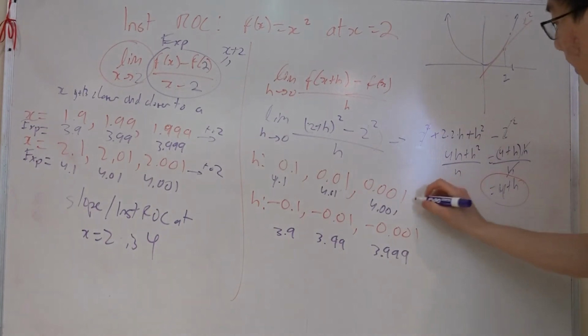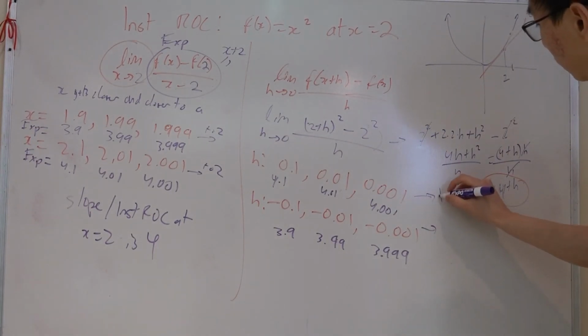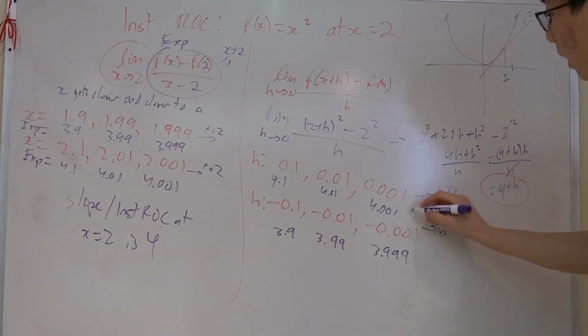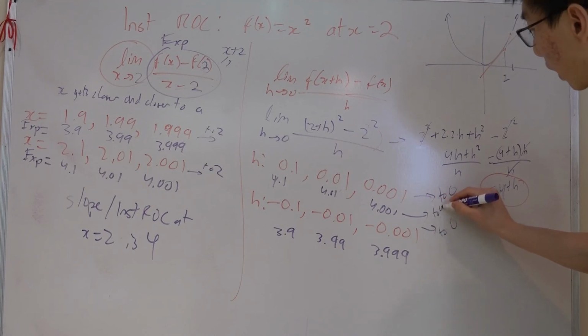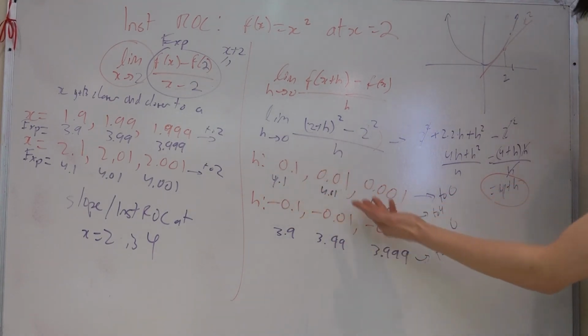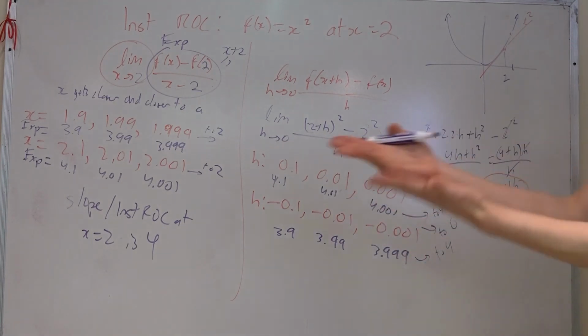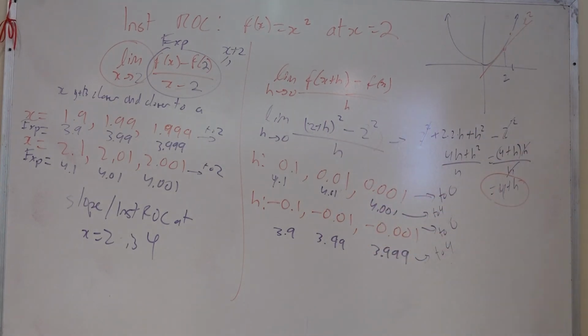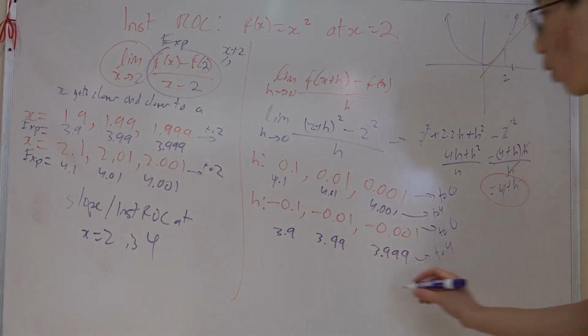But the point is, as each of these values of h gets closer to 0, these numbers get closer to 4. You just have to look at them, like 4.1, 4.01, 4.001, they're getting closer and closer to 4. This one is getting closer and closer to 4 as well. So it looks like the answer here is, again, 4.